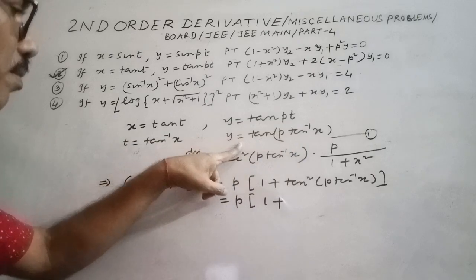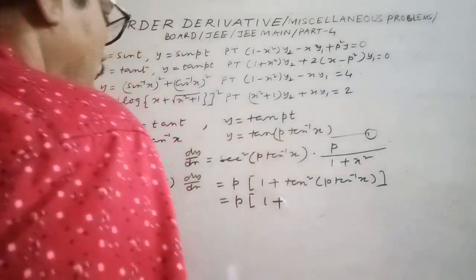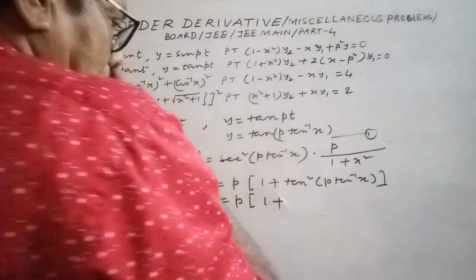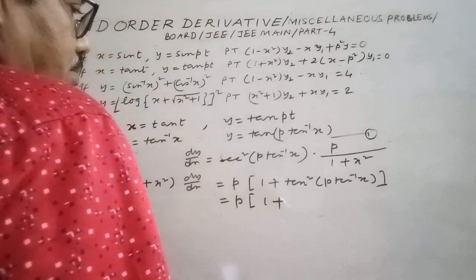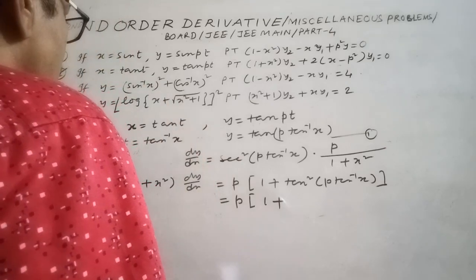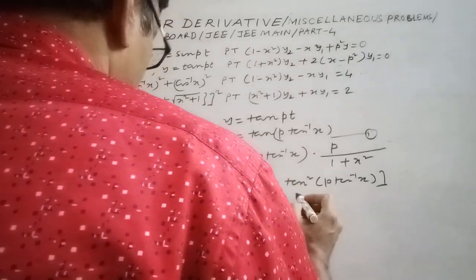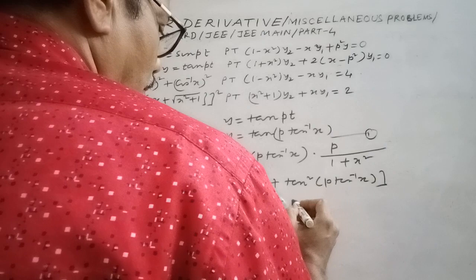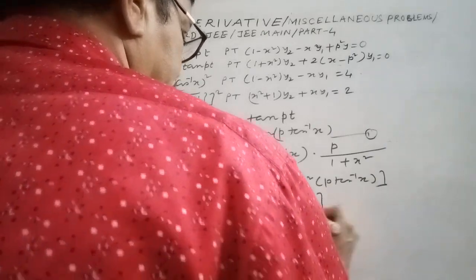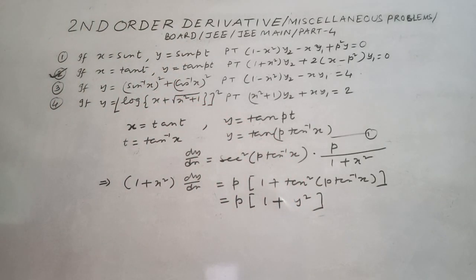This is y. So we are getting 1 plus y square.